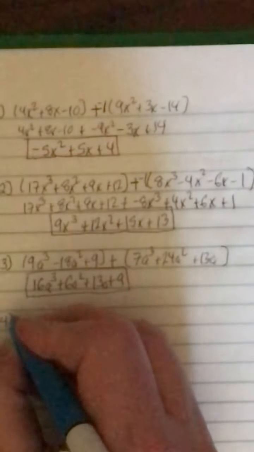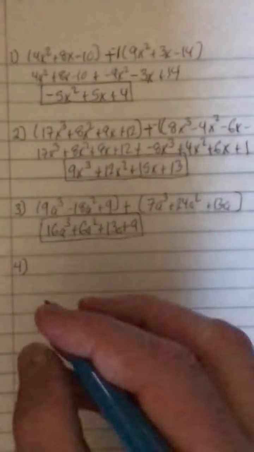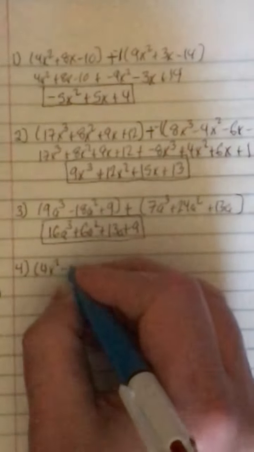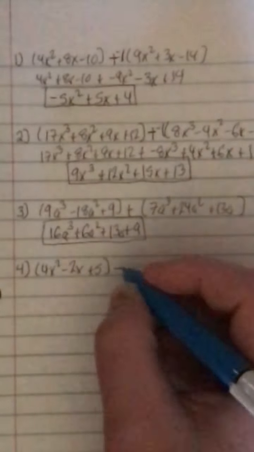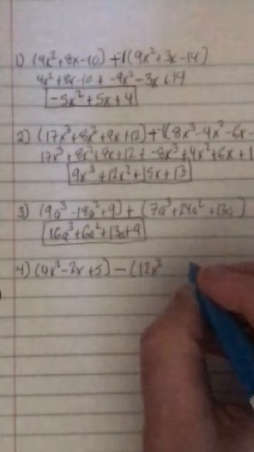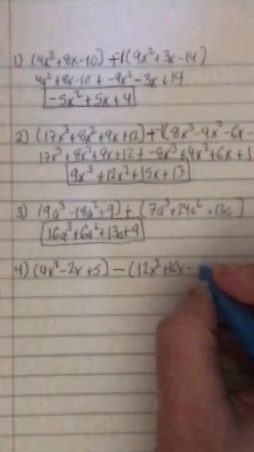The fourth problem, there were 8 of them, and number 8 has 4 parts to it. We have 4x squared minus 2x plus 5 minus 12x squared plus 16x minus 8.